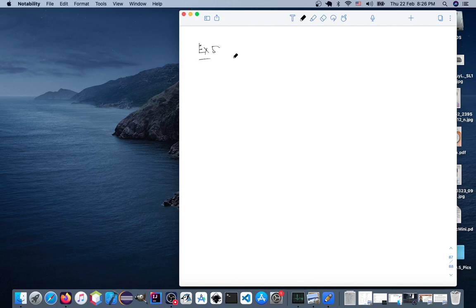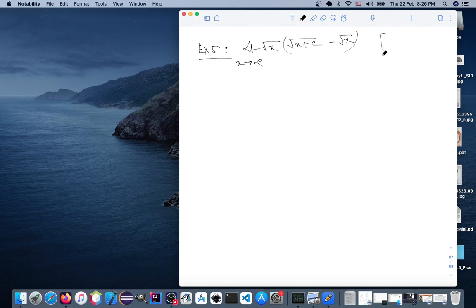Example 5. It says limit x tending to infinity root x into root over x plus c minus root x. So when x is infinity, the first term is infinity and the second term is infinity minus infinity.